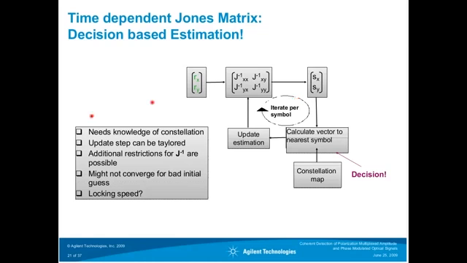So for this method, you of course need to know the constellation map. The update step you can make fairly fast, or you can make it pretty slow so that it does not follow any noise. You can apply additional restrictions for the inverse of the Jones matrix.